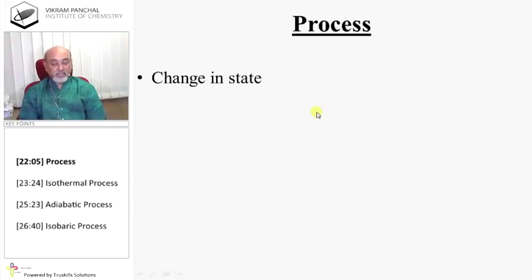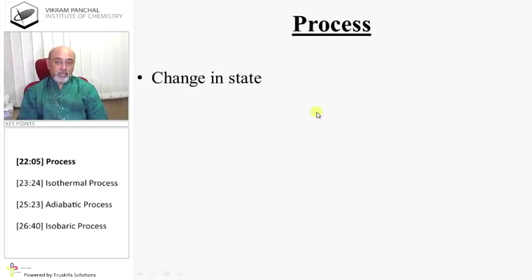Definition wise it looks the same, but there is a very small difference between reaction and process. When you observe change in the state of only the system, then it becomes a reaction.